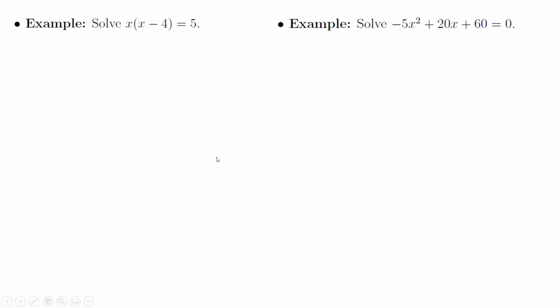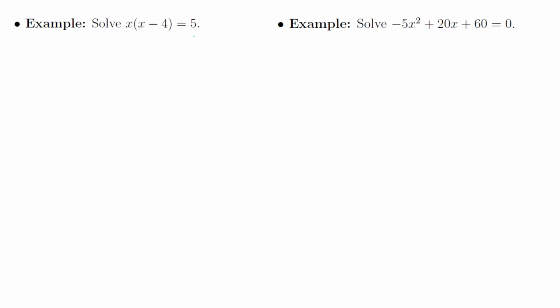So, a couple other examples here. This first one asks us to solve this. And at first glance, it might kind of look like it's all set up and ready to go because the left side's factored. However, notice that the right side is not equal to 0.